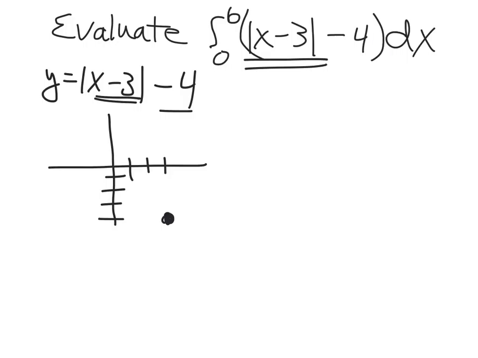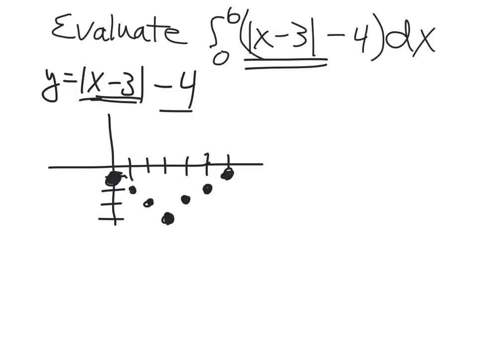And then, to graph it a little bit more accurately, try to draw as straight as I can here. And especially where the integral, we're going from 0 to 6. Let's see, so if x is 0, we'll be at -1.